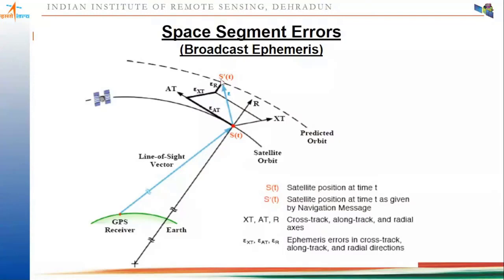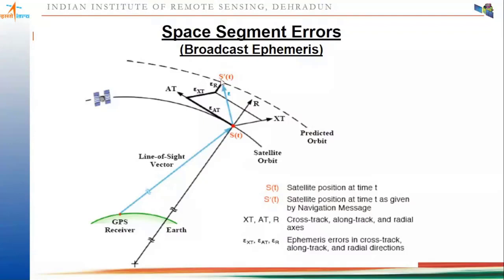Now using this you will try to propagate the orbit, because your measurement may be at 0 hours 0 minutes 1 second. So you need to propagate this orbit. In the propagation itself, depending on the model you are using, some errors can be there. It may not be that precise. Where it should be exactly, from the predictions, it may not be at that particular position, so some difference can be there. So in the prediction also some error can arise from this ephemeris.